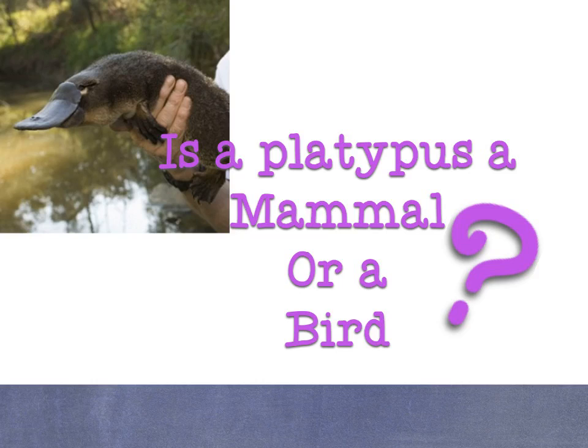So there are different things about it, and what they finally decided, raise your hand if you think it's a mammal. And raise your hand if you think it's a bird.